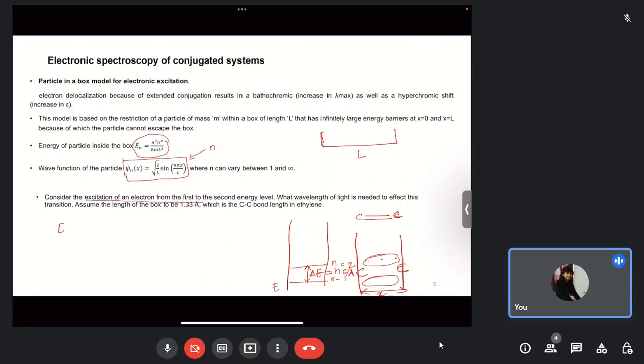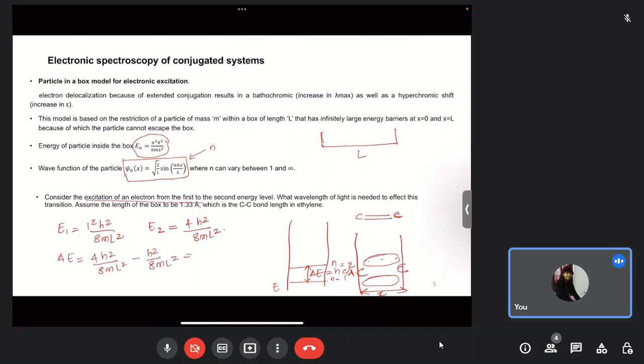So E1 is equal to 1 square h square by 8 ml square, and E2, the energy at the second energy level, is going to be 4 h square by 8 ml square, and delta E is equal to 4h square by 8 ml square minus h square by 8 ml square.